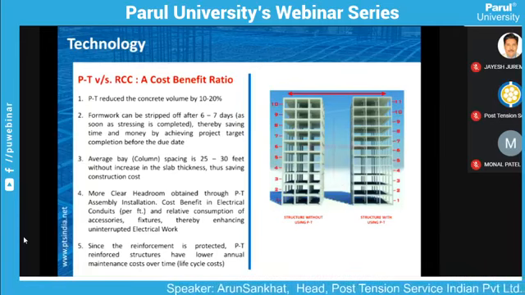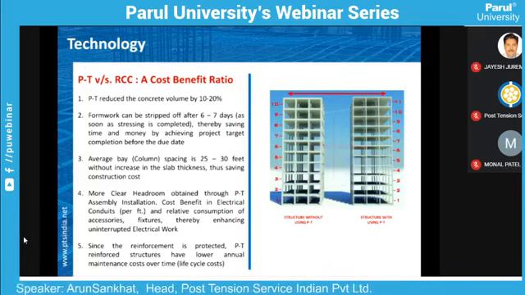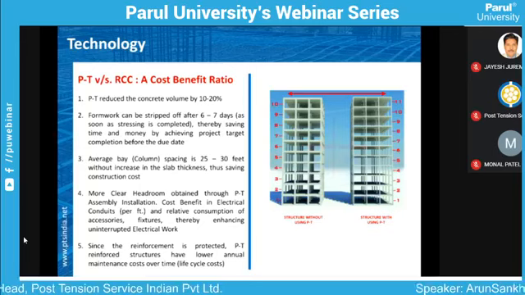So it would be a faster way of constructing, let's say, buildings. You can have larger spans, maybe around 25 to 30 feet, so your column to column spacing would be accordingly.